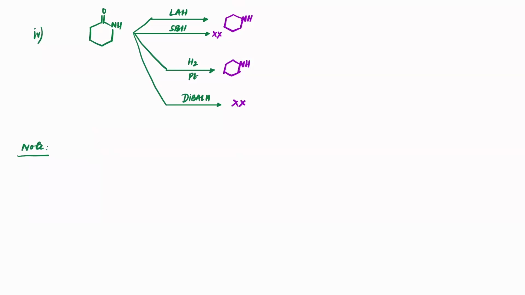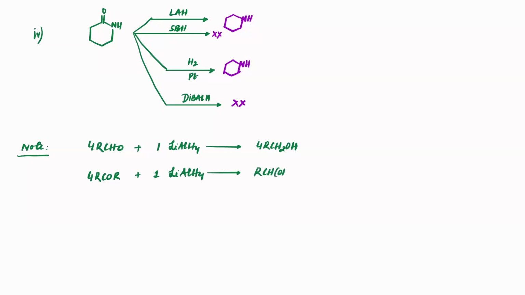You'll see 4 moles of aldehyde plus 1 mole of lithium aluminum hydride is sufficient to convert into 4 moles of alcohols, 4 moles of RCH2OH, while 4 moles of ketone will also be sufficient with 1 mole of lithium aluminum hydride to convert into R, CHOH, and R.